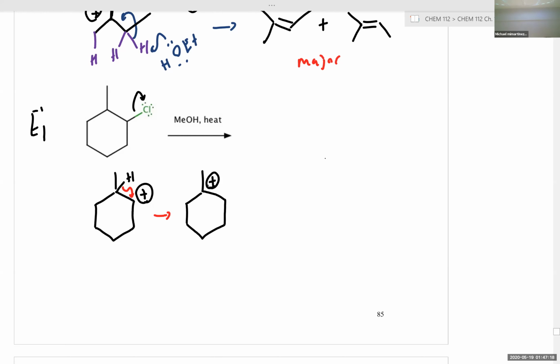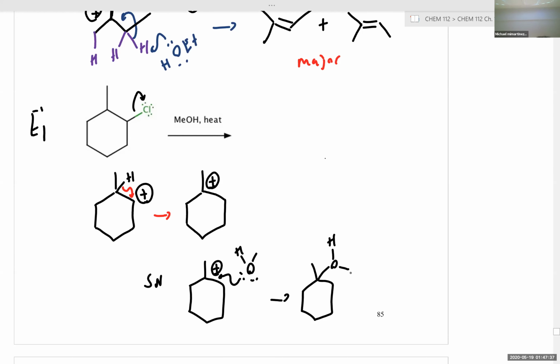Now from this intermediate, we have a few pathways. Let's draw down here our typical SN1 pathway, where your methanol attacks, you generate the methanol adduct, and then another equivalent of methanol pulls off that last proton, and we get the following product, which if you're not expecting it, you'd wonder what is going on.